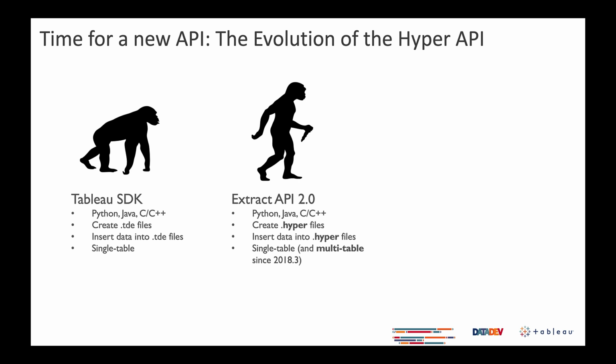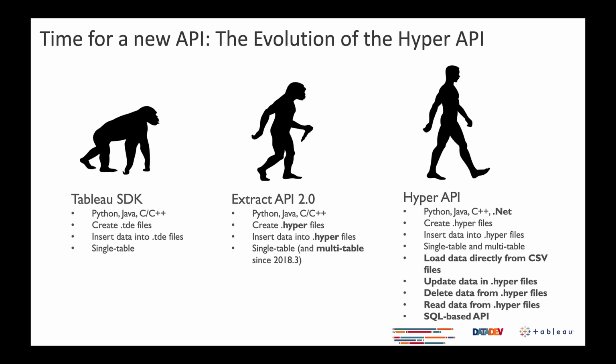But again, just really that creating and inserting element, not that full CRUD capability that we see from the latest and greatest, the Hyper API, that is not only available in more languages, lets you do all the same things that the old versions did, but also crucially features these CRUD capabilities of updating data, deleting data, reading from .hyper files, and having this fully SQL-based API that you can take advantage of, literally allowing you to send commands and queries to .hyper files.